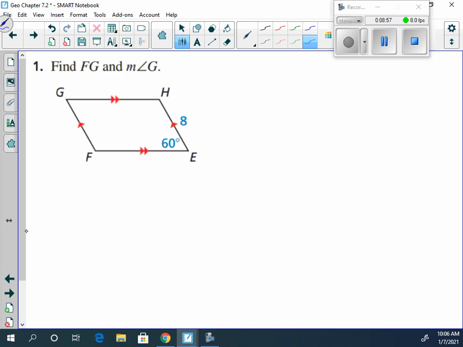Okay, so we want to find the measure of angle G and the length of FG. Well, it's a parallelogram, so the opposite angles are congruent, yes? So angle G, what angle is opposite angle G?